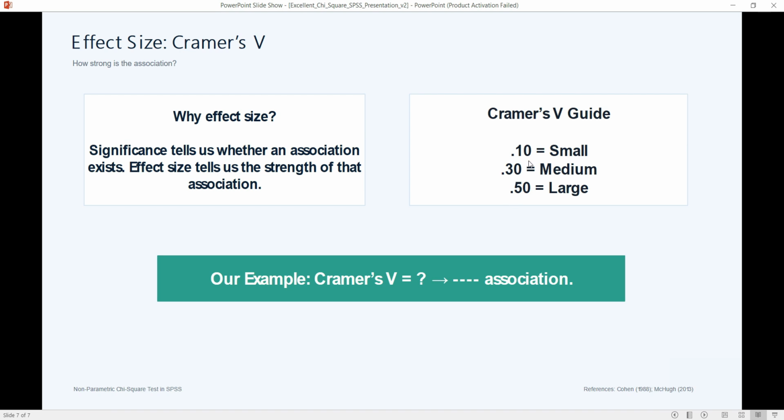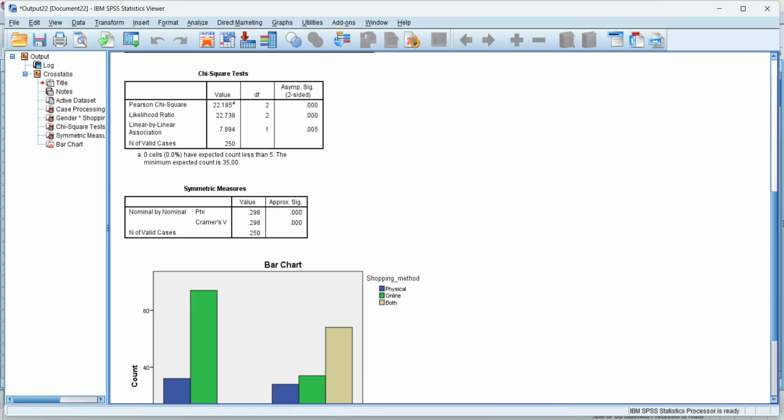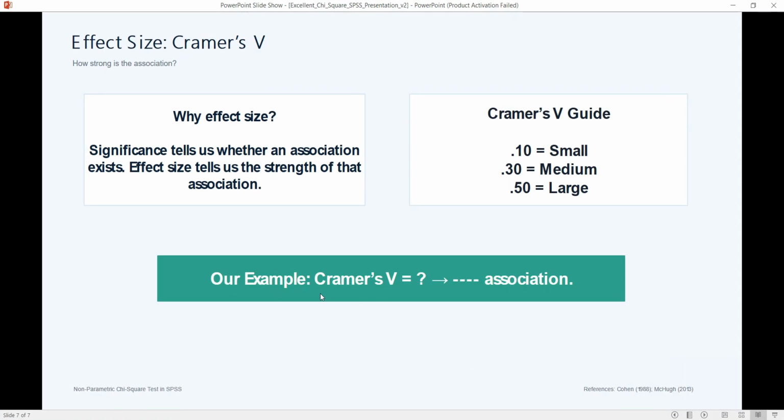The Cramer's V rule suggests that 0.10 is a small association, 0.30 medium, and 0.50 large. So our value is close to 0.30. So it means there is a medium association between gender and shopping method.